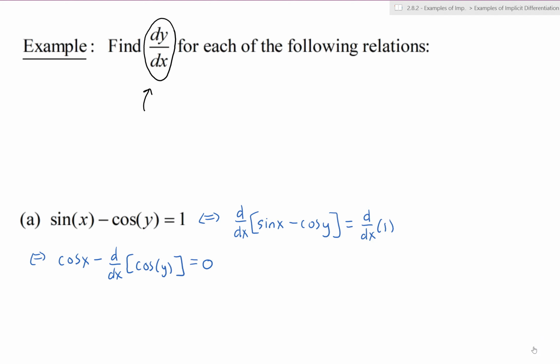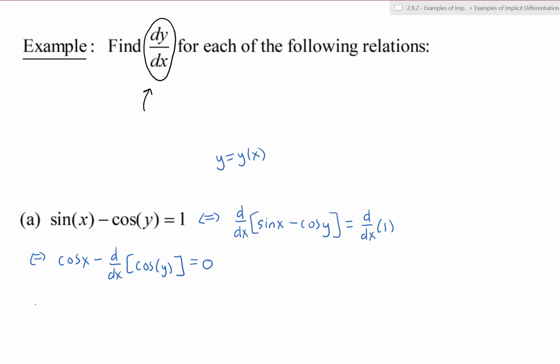Now comes the step in which we have to differentiate cosine of y with respect to x. Here's the implicit step: remember that y is the dependent variable. So y is the output variable and x is the input variable, so y somehow depends on x, even though we can't necessarily isolate y as a function of x explicitly.